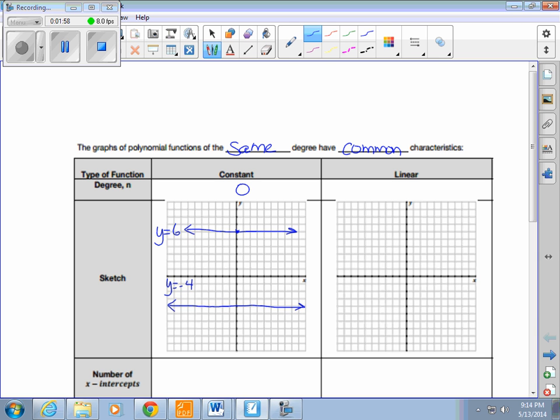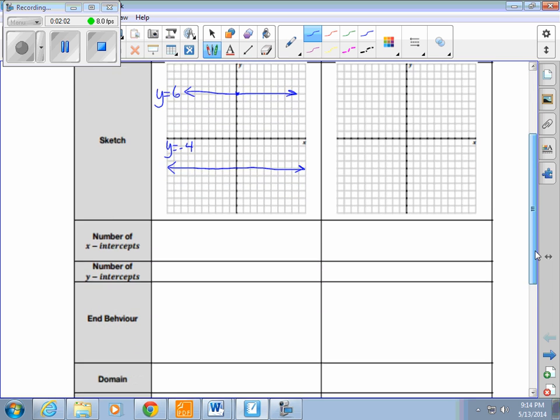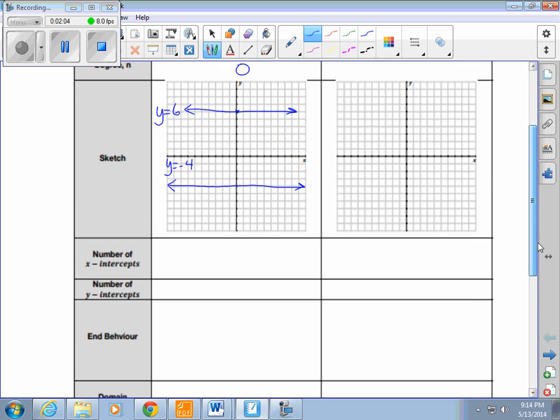Okay, so the number of x-intercepts then for a degree of 0 would be 0 except for the equation y is equal to 0. Because in that case, that would be this line right here.